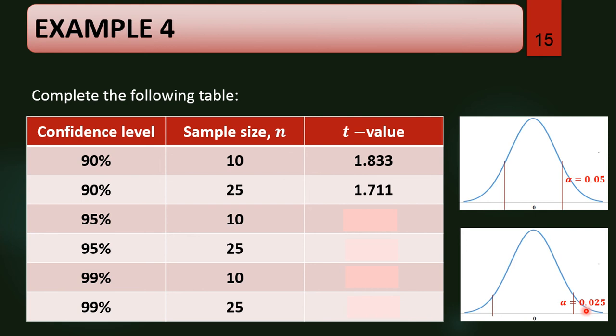So from the T table, alpha 0.025, degree of freedom here is equal to 9. The corresponding T value is equal to 2.262. You go down at the degree of freedom 24, you have the T value here equal to 2.062, and then you can check the remaining confidence levels.